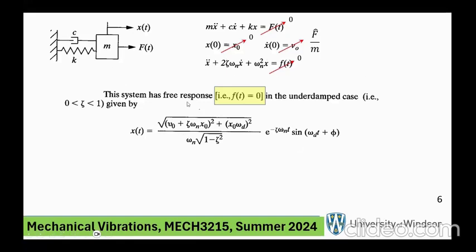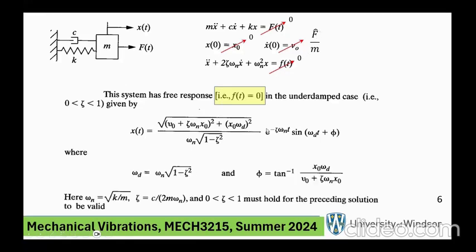Now notice that here we have an x naught. Of course, this x naught will be 0. We have a v naught, and that v naught will be f hat over m. So we can rewrite this based on what I just said, namely x naught equal to 0 and v naught equal to f hat over m, and we come up with our solution.